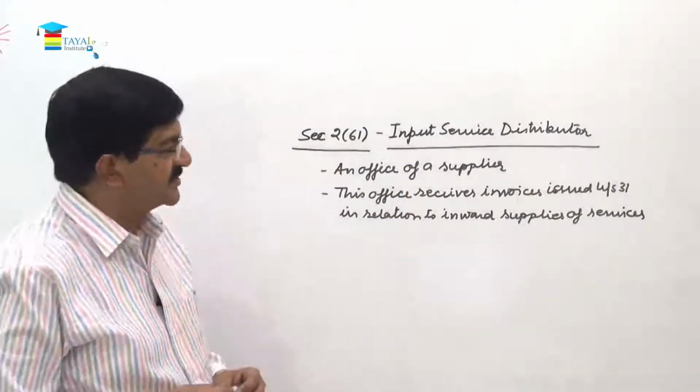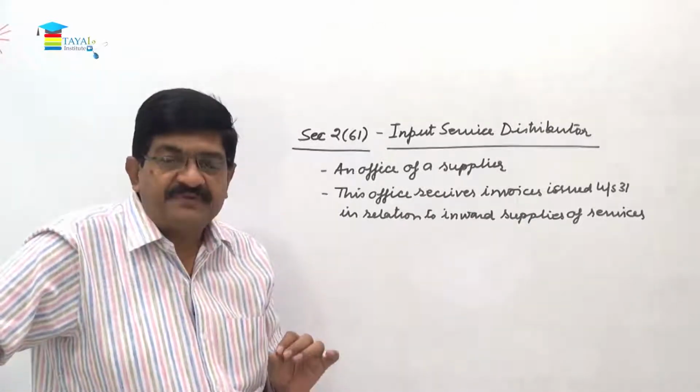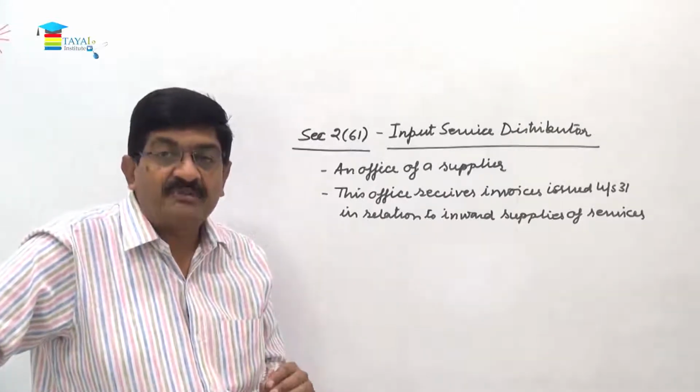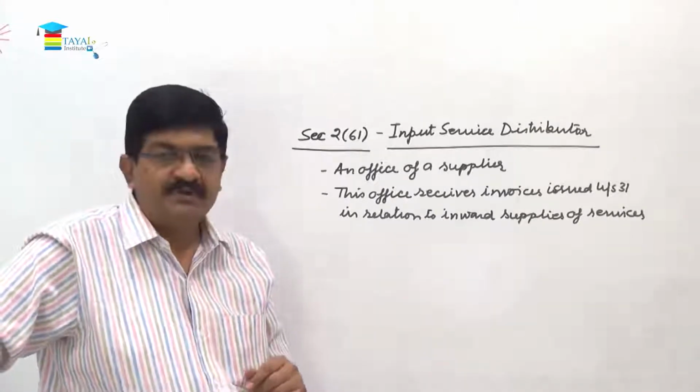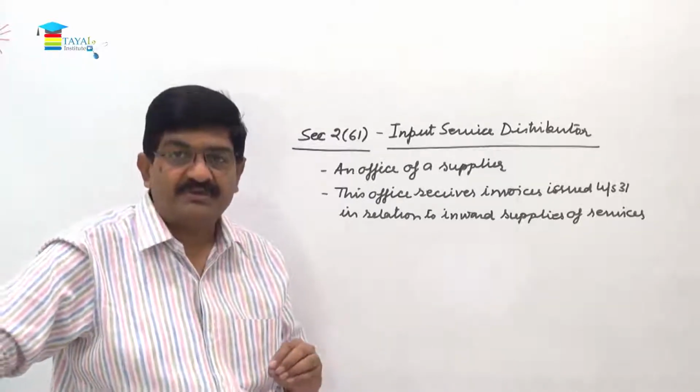So first thing is, this is an office, and the specialty about the office is that this is receiving invoices in connection with the inward supply of services. Where the services are, that is not important, right?